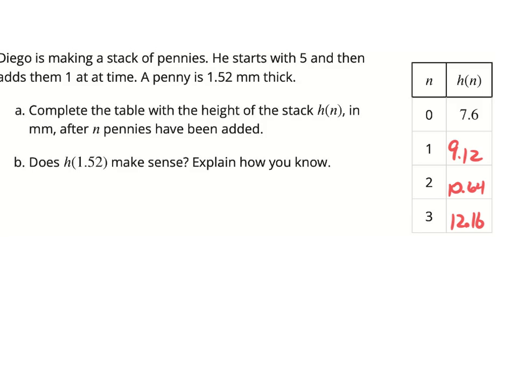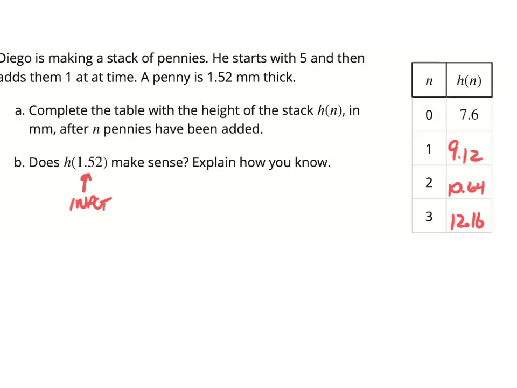So now, does h of 1.52 make sense? This is an input. 1.52 is the size of the penny. It does not make sense. You can only add a whole number of pennies. You cannot add a non-whole number of pennies. So that does not make sense. 1.52 is the thickness of a penny. It's not an input.